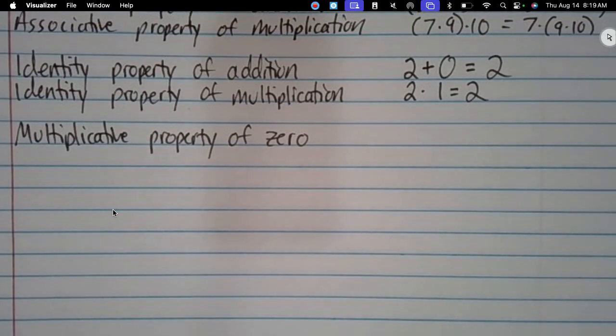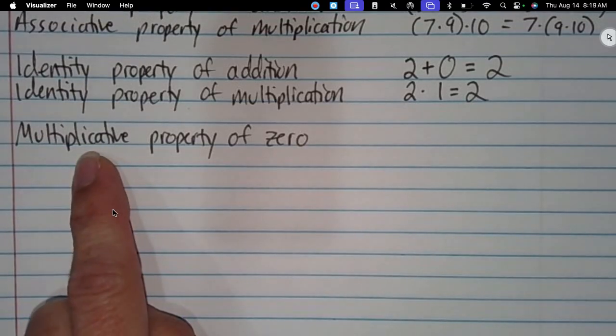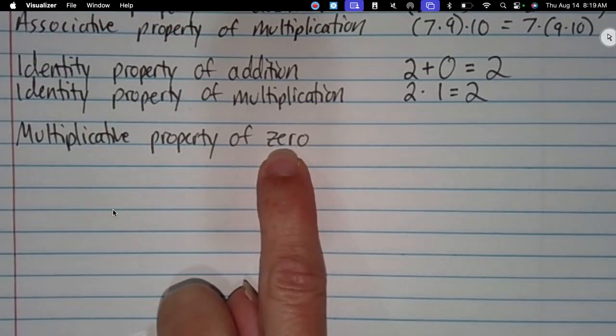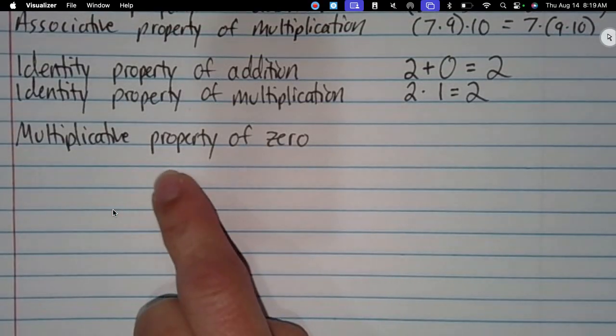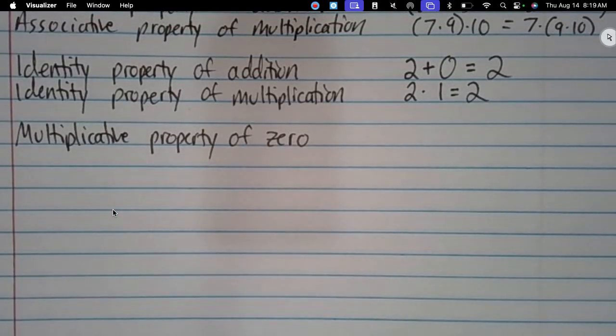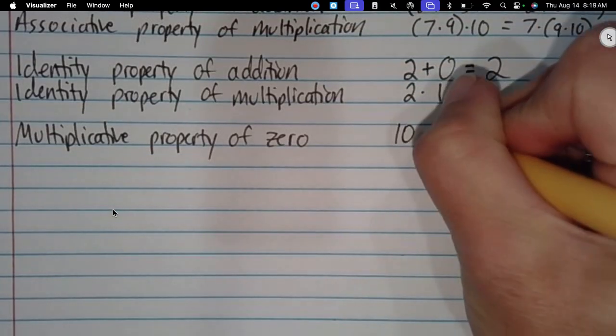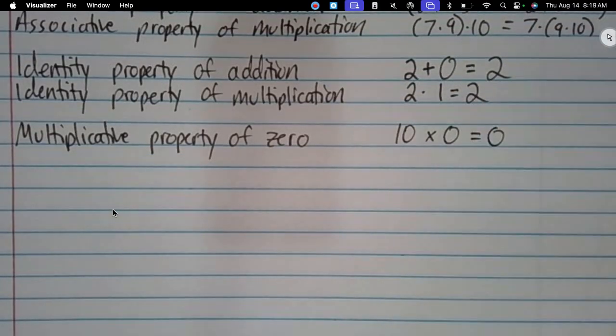Yeah. Okay. Look at multiple or multiply. I'm multiplying by, and what number is in there? In my words, multiplicative property of 0. What happens when you multiply by 0? You get 0. So that's that property. If you multiply something by 0, you get 0. We'll do 10 times 0 is 0. That's an easy property to remember.